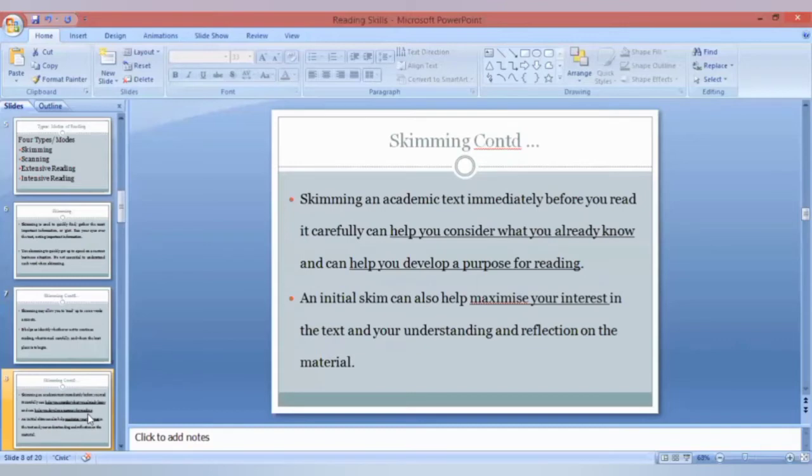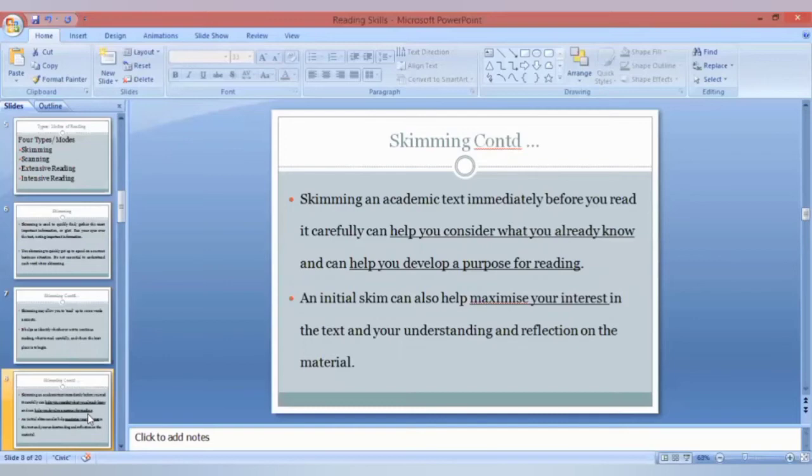And in an academic text, skimming helps you immediately in understanding before you read it carefully. It can help you consider what you already know, and it can also help you develop the purpose for reading. So there are two things that are important to consider while you are skimming.